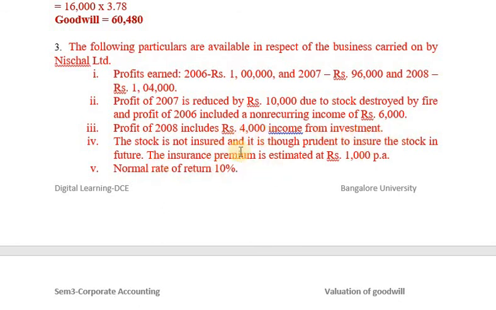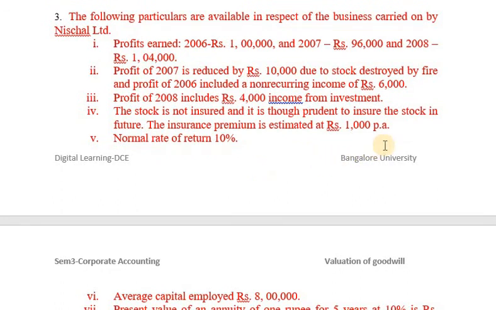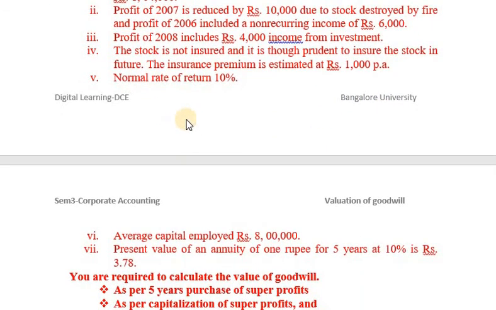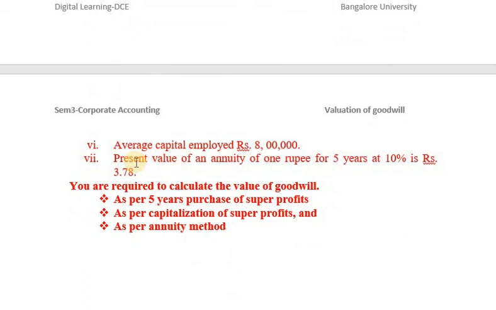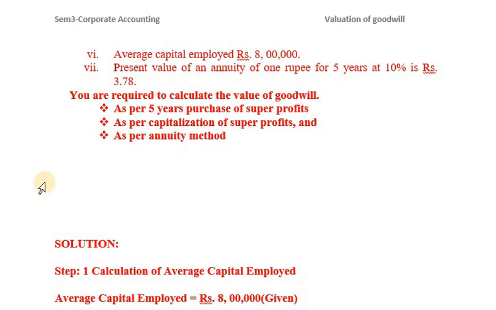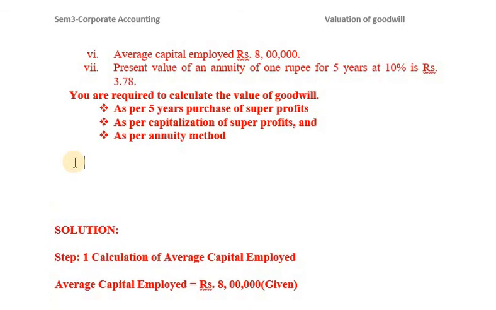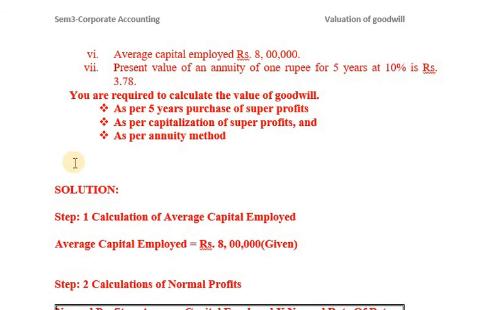The stock is not insured and it is thought prudent to insure the stock in future. The insurance premium is estimated at rupees 1,000 per annum. Normal rate of return is 10% per annum. Average capital employed is rupees 8 lakh. Present value of annuity of 1 rupee for 5 years at 10% is rupees 3.78. You are required to calculate the value of goodwill as per 5 years purchase of super profit, as per capitalization of super profit, and as per the annuity method.